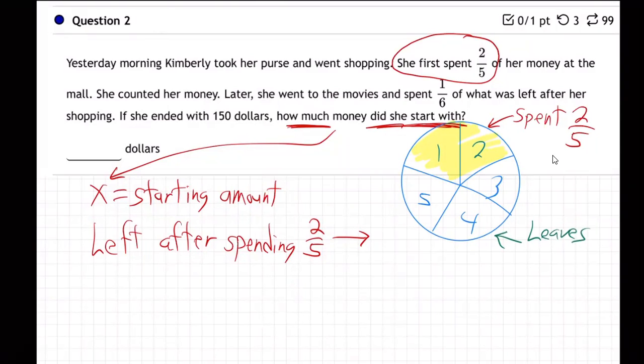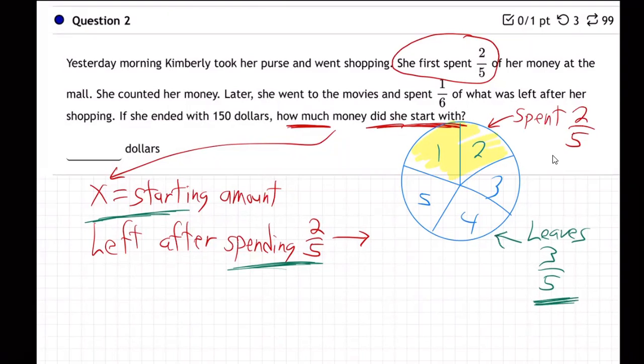What portion is left? 3/5. Does everybody see 3/5 is left? That makes sense, doesn't it? If you eat 2/5 of a pie, then 3/5 of it is left. If she spent 2/5 of her starting amount of money, then 3/5 of her starting amount of money is left.